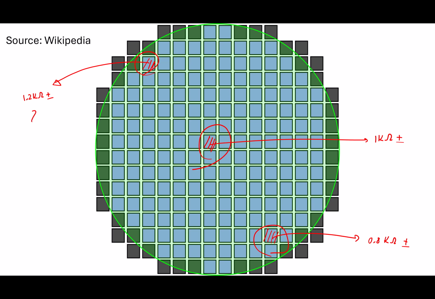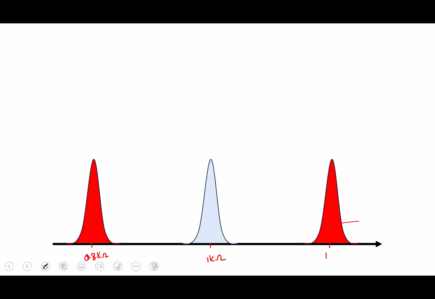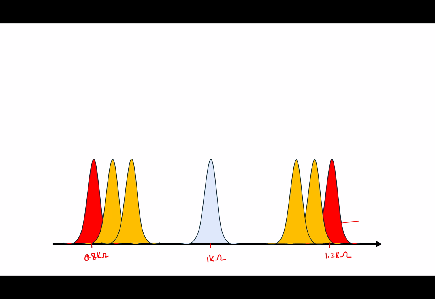So even the mean will change from chip to chip, which means that, let us say, if I take one particular chip from that wafer that has a mean of 1 kilo ohms, for example, one more chip can have a mean of 1.2 kilo ohms. Another chip, sorry, this should be 0.8. So if I take each random chip from that wafer and check the distribution, one might have a distribution like this, one might have like this, and so on.